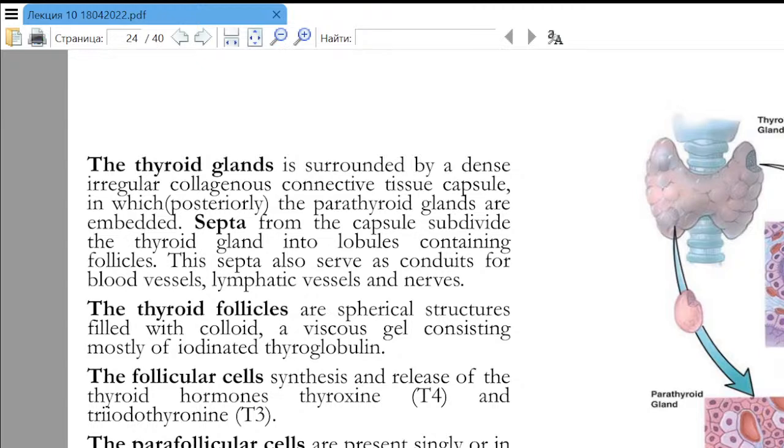They synthesize and release calcitonin. Parafollicular cells, follicular cells.